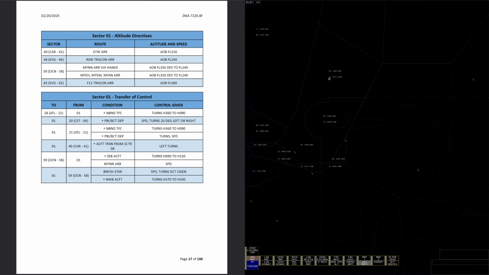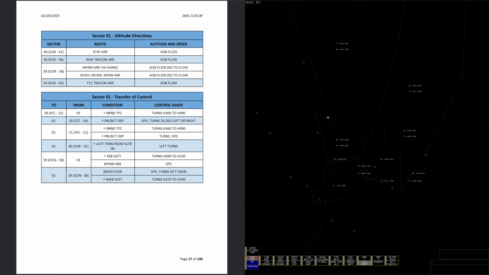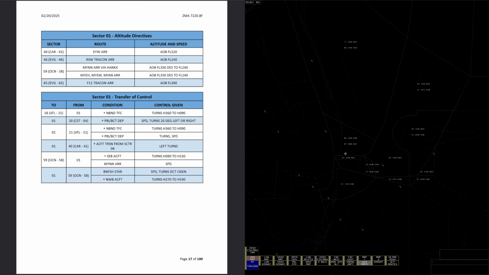Arrivals from Sector 1 to Nassau TRACON airspace must be descended at or below flight level 350 by the common boundary, descending to flight level 240. And lastly, Orlando TRACON arrivals destined for Sector 65 over here must be delivered at or below flight level 300.